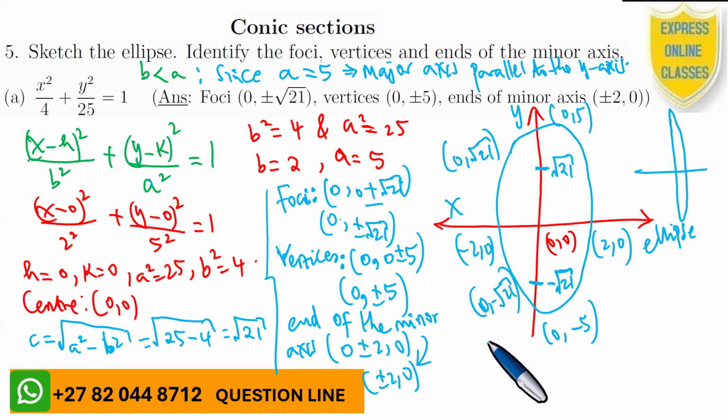All right. Like that. And then the center is the origin. The foci is this one. The one focus is that one. The other focus is this. The other focus is that one.